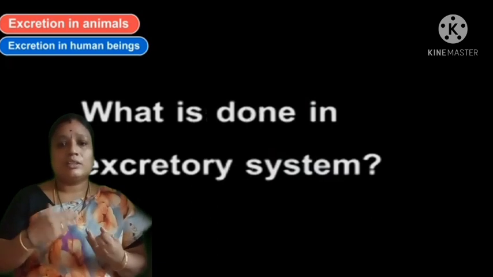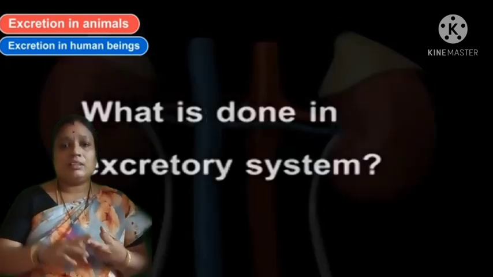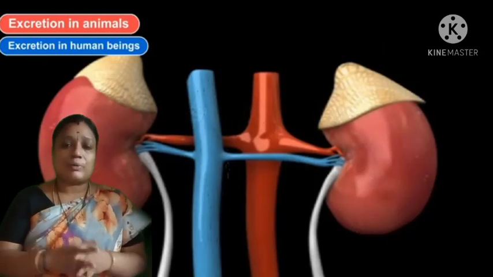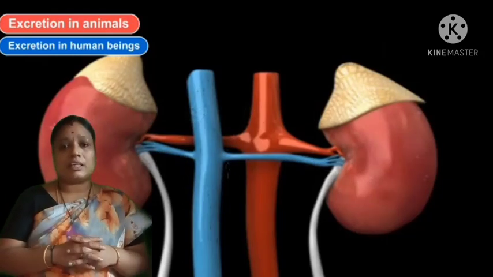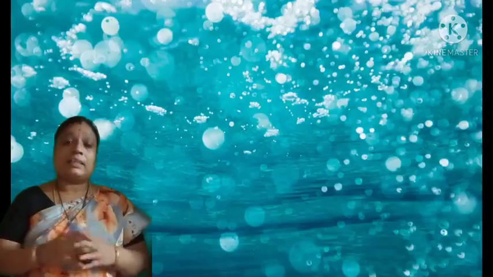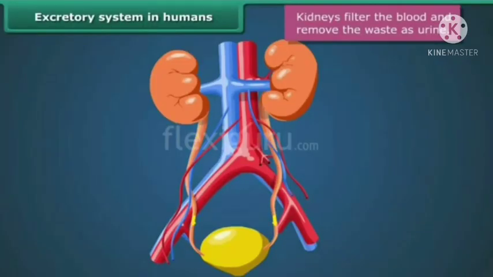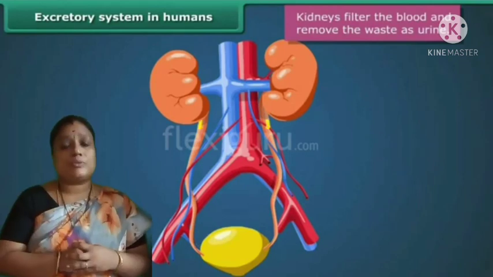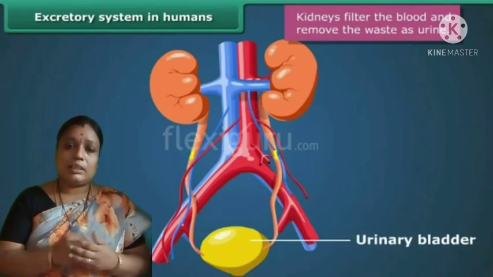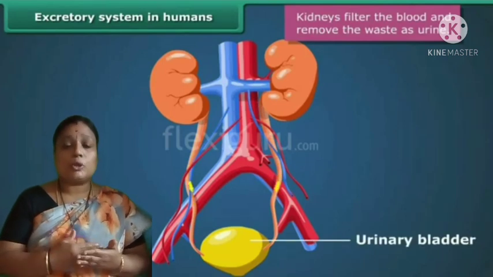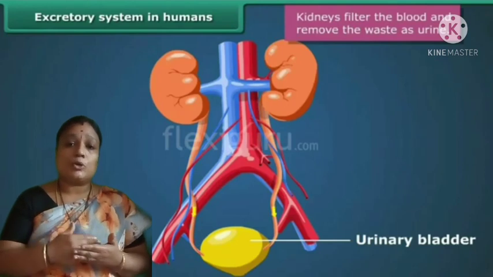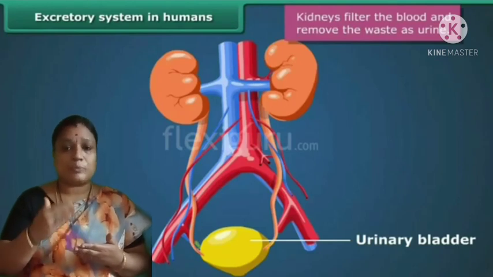So a pair of kidneys, ureter, urinary bladder and urethra comprise our excretory system. An adult human being normally passes about 1 to 1.8 liters of urine in 24 hours. What is the composition of urine? Urine consists of 95% water, 2.5% urea and 2.5% other waste products.